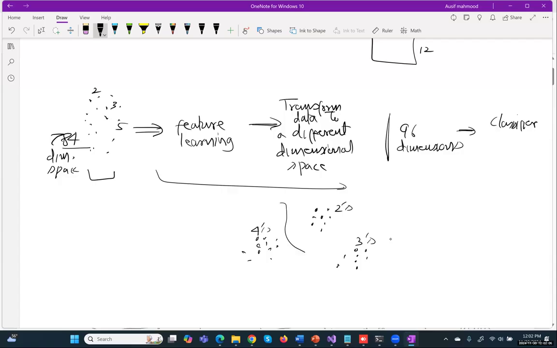Now the hyperplane can easily be created over here to separate 2s from the rest or 4s from the rest and so on, right? So at a high level, that is the job of a deep learning network.